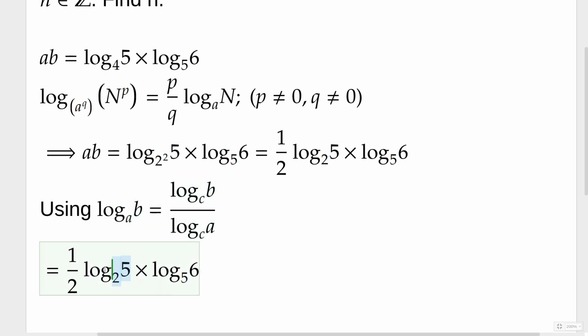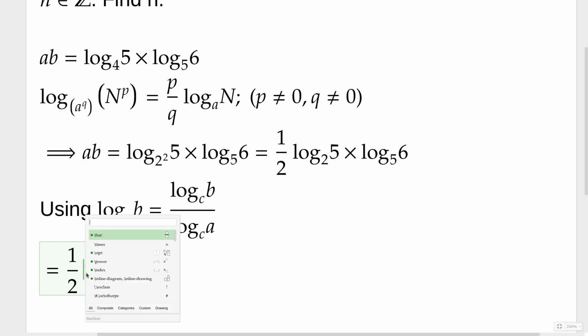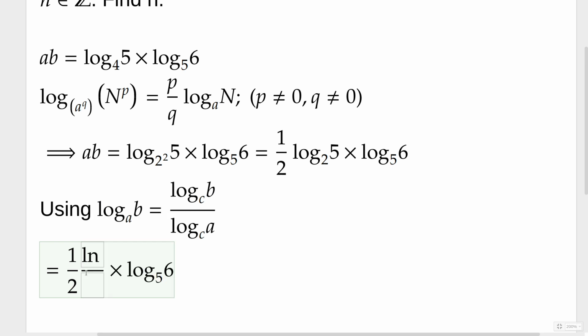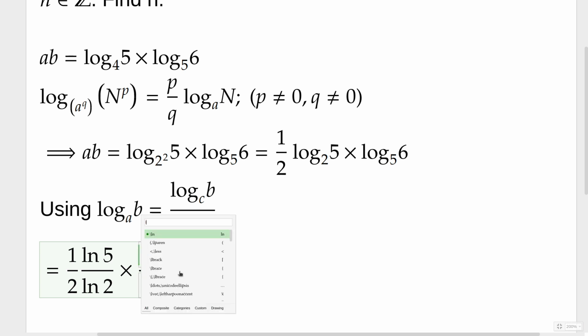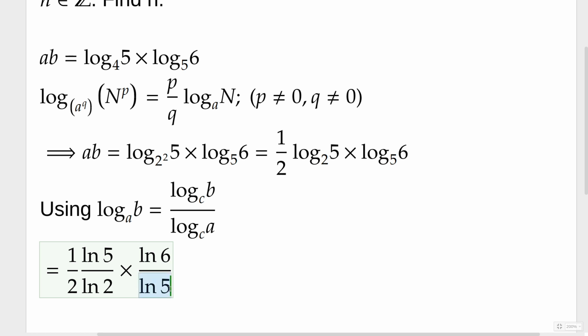Using the base change theorem, I'll write here natural log of 5 divided by natural log of 2, and similarly this one, natural log of 6 by natural log of 5. You can see that this natural log of 5 will cancel out with this one.